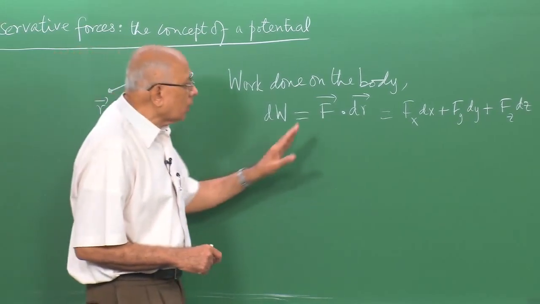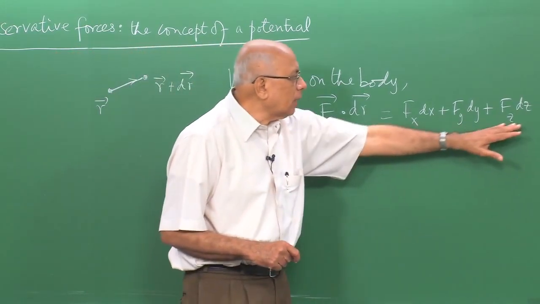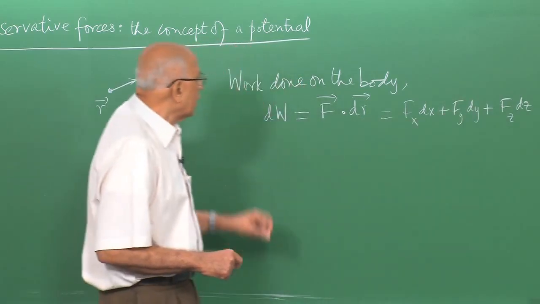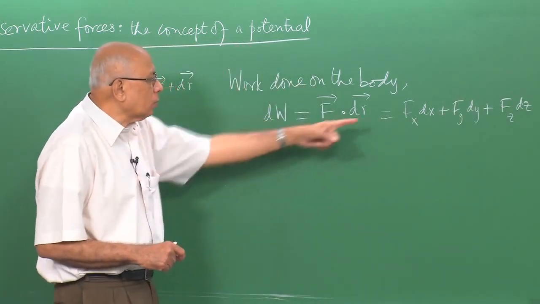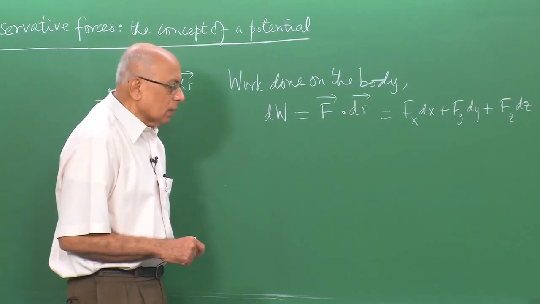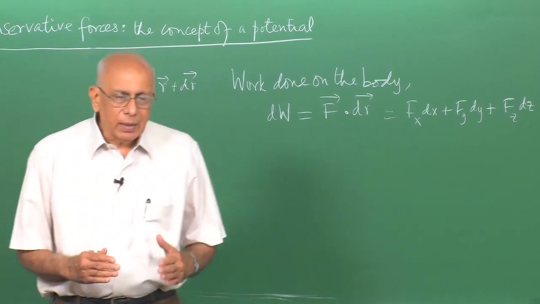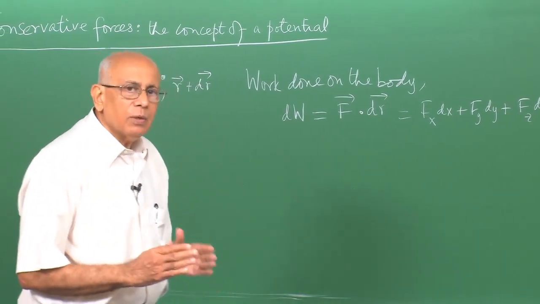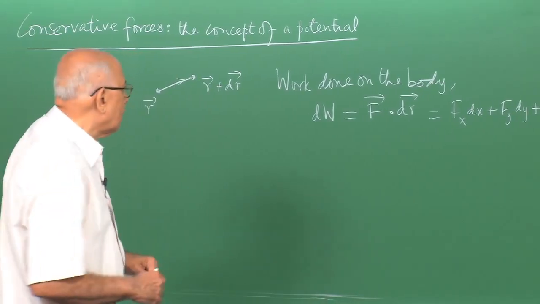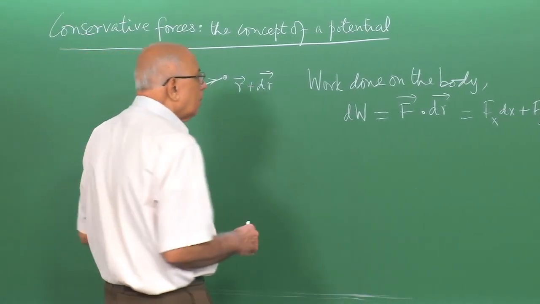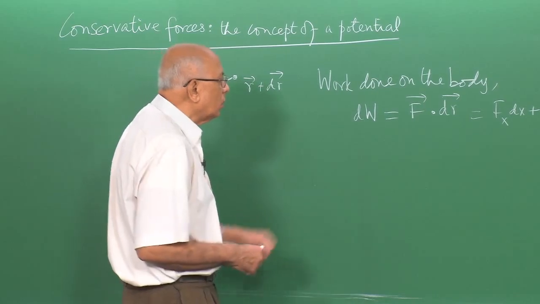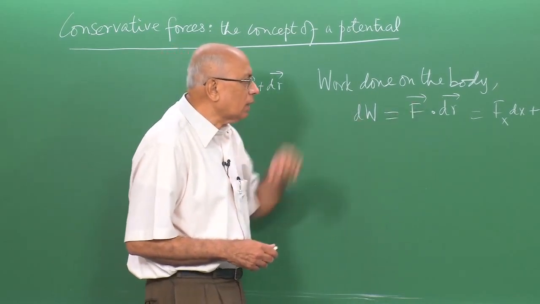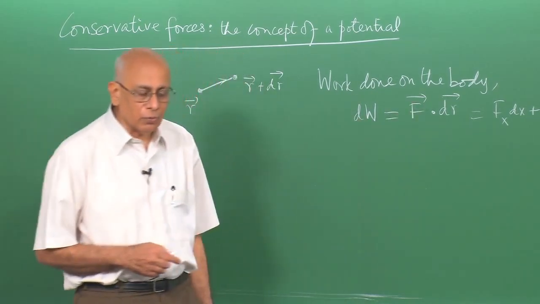For instance, suppose you did not have any displacement in the y and z directions, then dW over dx would be equal to Fx. So somehow the force and the work it does on a body are related to each other by this rule of differentiation. You differentiate this quantity and you end up with the component of the force.